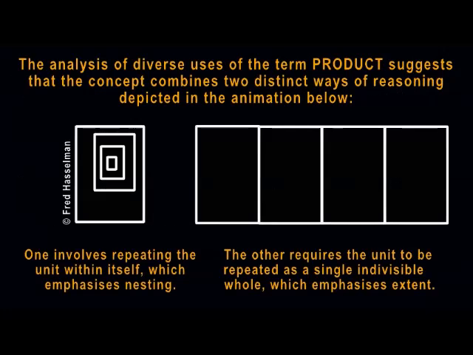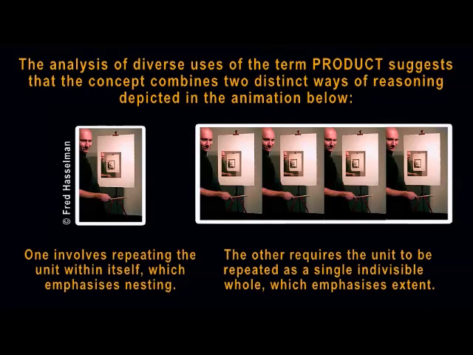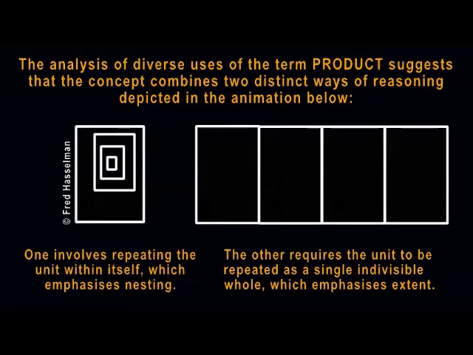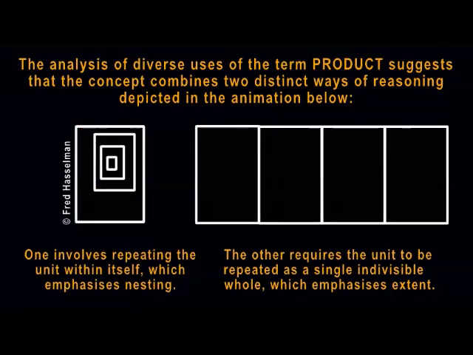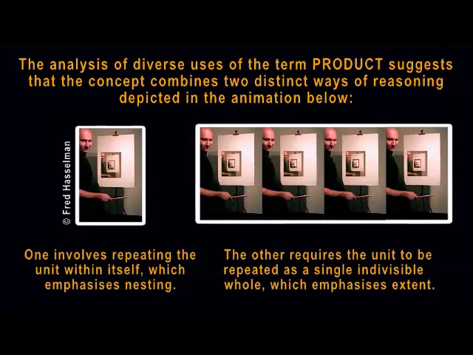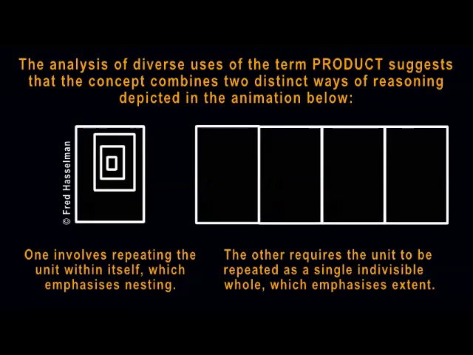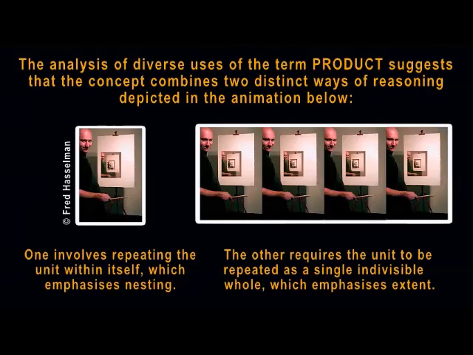The analysis of diverse uses of the term product suggests that the concept combines two distinct ways of reasoning depicted in the animation below. One involves repeating the unit within itself, which emphasizes nesting. The other requires the unit to be repeated as a single indivisible whole, which emphasizes extent.